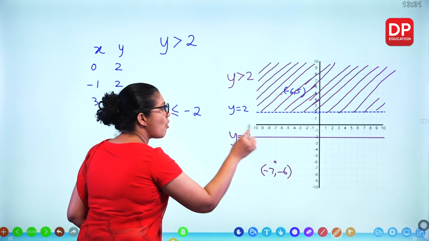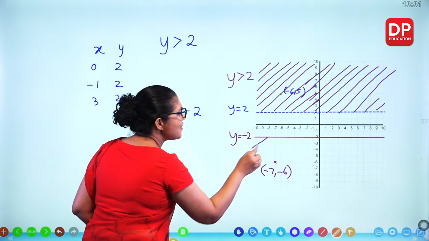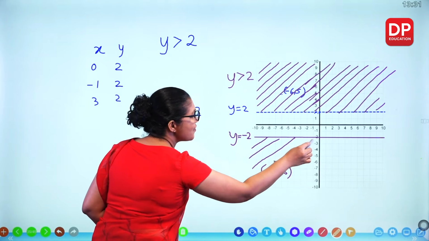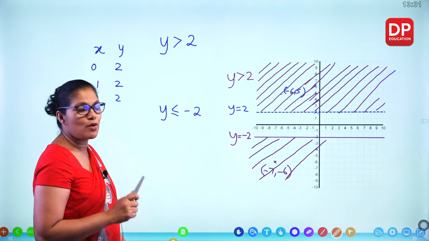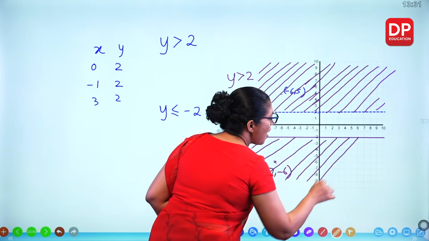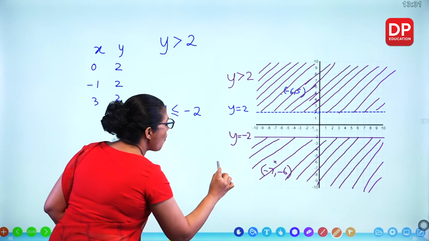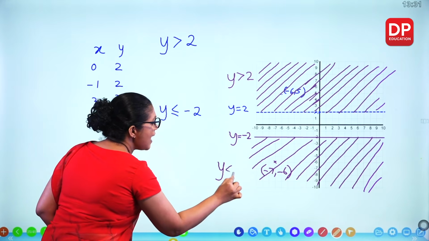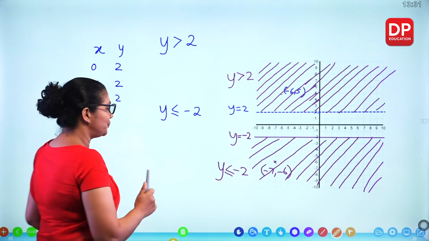Minus 6 is smaller than minus 2. So, what is this region then? This region is y less than or equal to minus 2. So, we can mark this one as y less than or equal to minus 2.